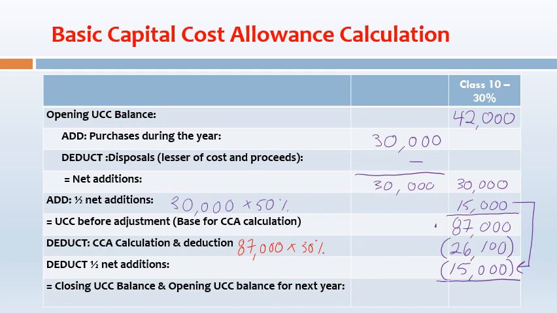Then I deduct CCA right here. Then I deduct 1/2 of net additions right here. My total for the pool closing balance is 45,900. That's going to be my opening balance for next year. And the CCA deduction from income for the year is 26,100.